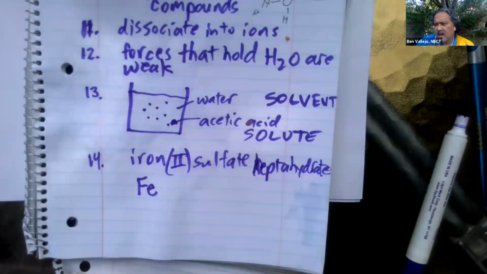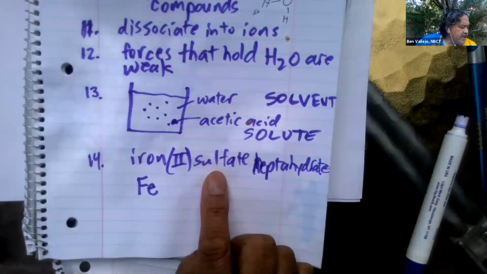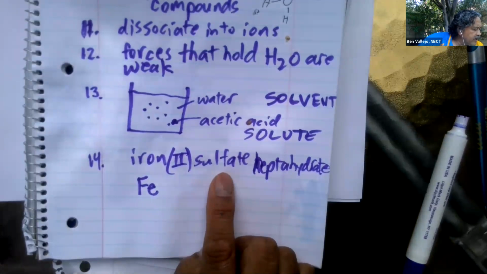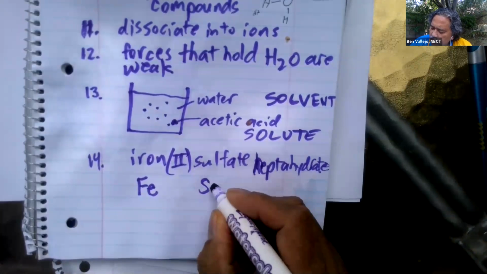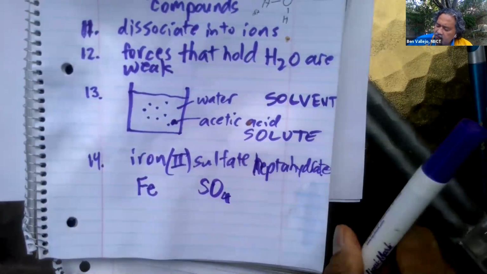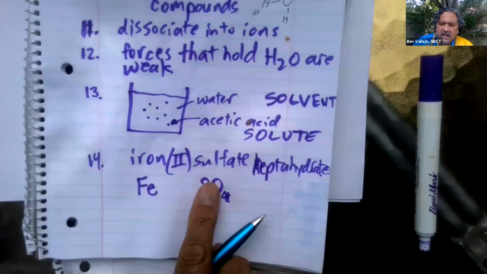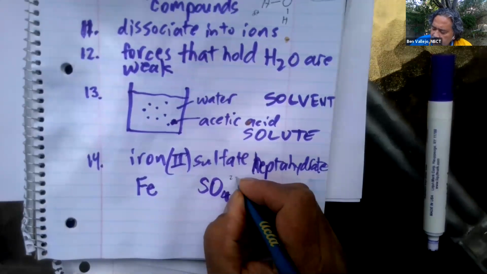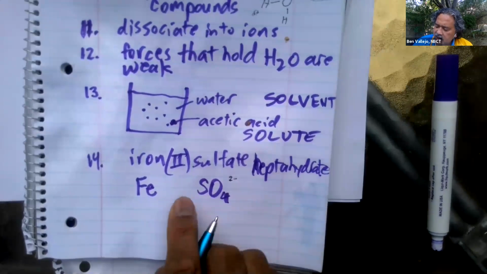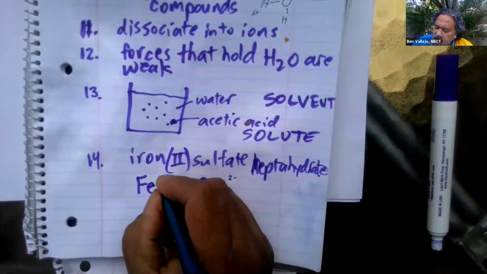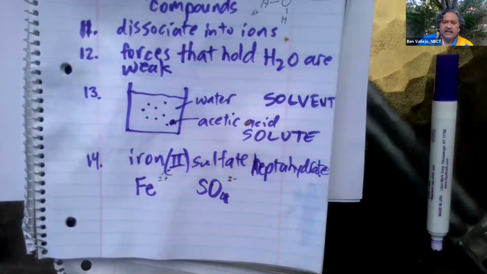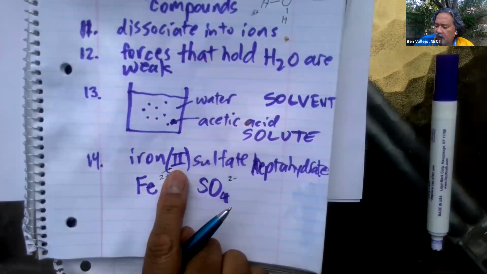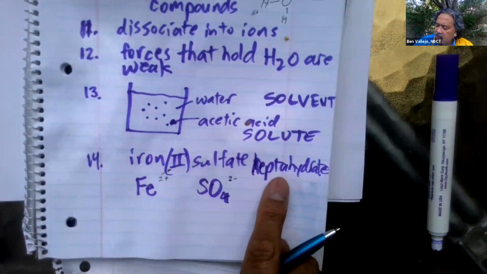On page 268, you have a table of common polyatomic ions, and sulfate is SO4. If you look it up, you can also see the charges on this ion, and you can see that this whole thing is 2-. So because this is 2-, your iron has to be 2+. And that explains why we have that Roman numeral. So iron 2 sulfate heptahydrate.